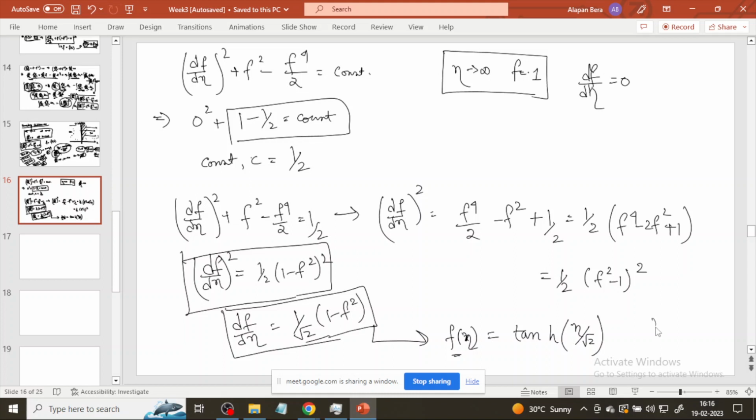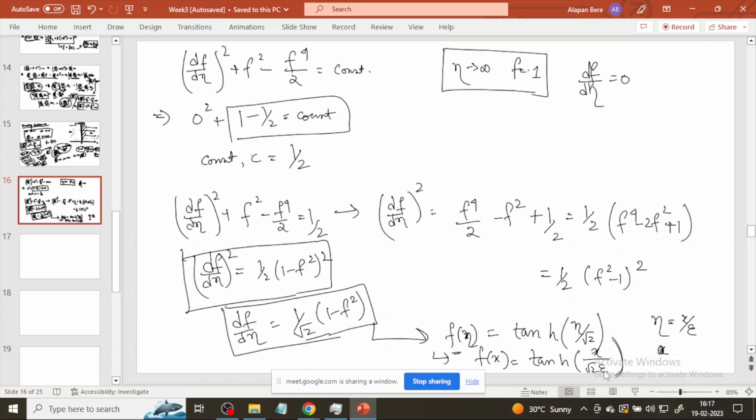For the case of eta, we have considered eta equal to x by epsilon. So if we write it here, you get f of x equal to tan hyperbolic of x by root 2 epsilon. This is our final expression of f as a function of x.